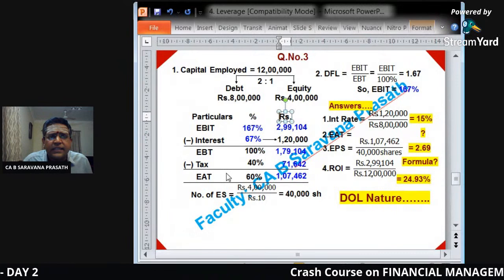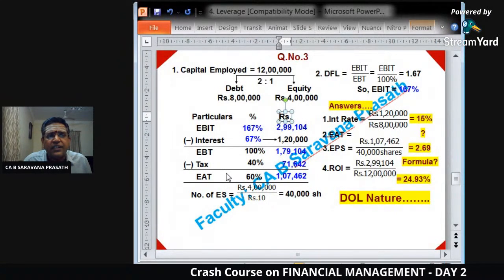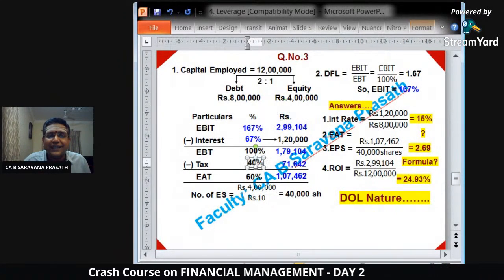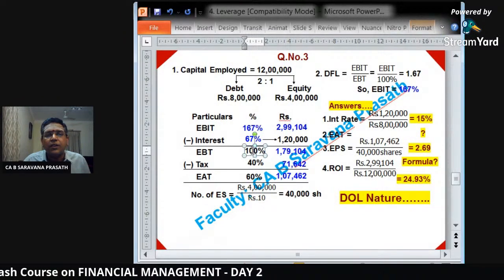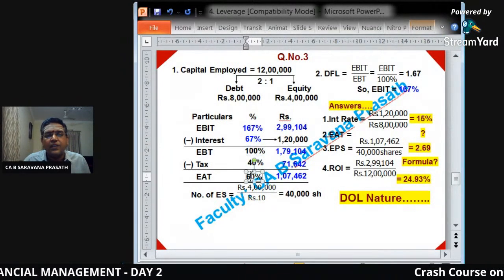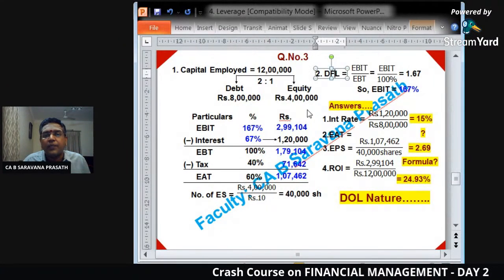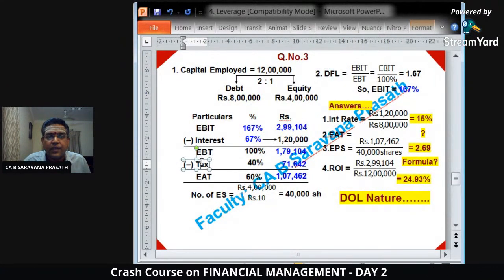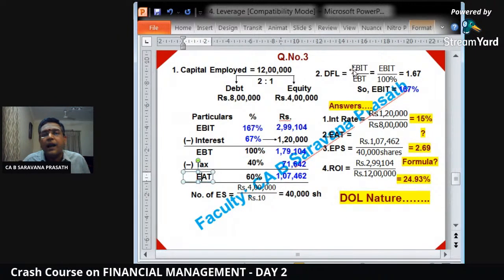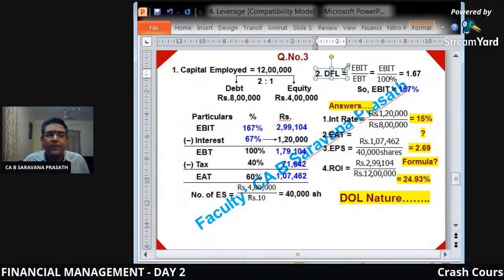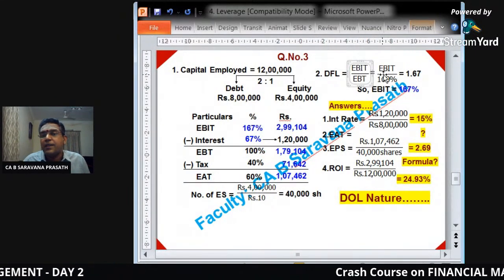The question says tax rate is equivalent to 40%. So, tax is 40, EBT is equivalent to 100%, EAT is equivalent to 60%. Now, I apply the formula after writing these three numbers, EBT, tax and EAT. I apply the formula for DFL, EBIT divided by EBT.